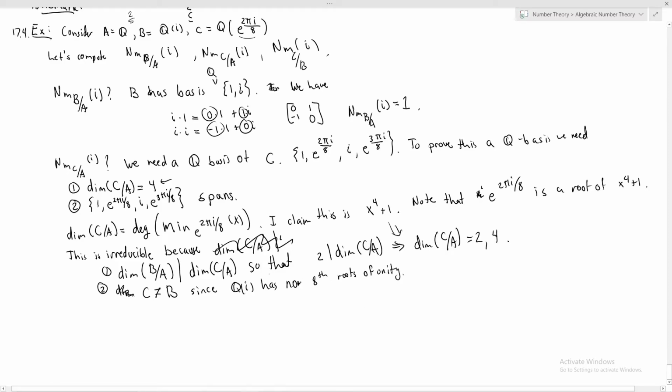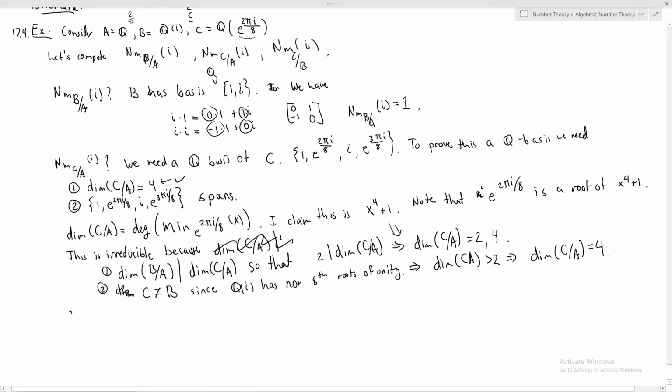Okay, so if this is not equal to B, then this implies that the dimension of C over A has to be bigger than 2, which implies that it's 4. Okay. So I've got this first thing checked off the list. The second condition, I just need to check the spans.